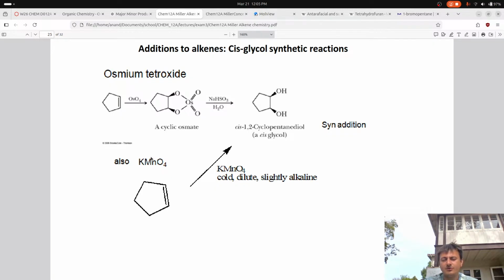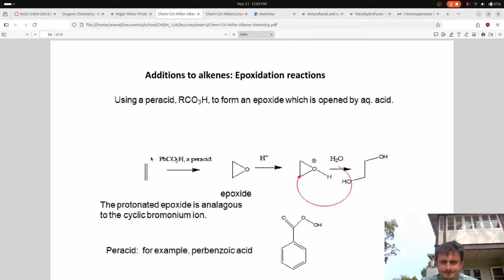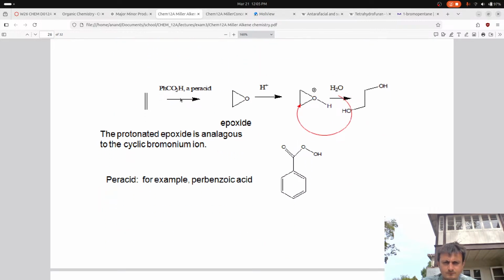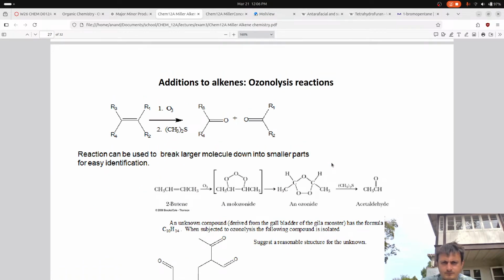I think there's probably peroxy acid. Oh yeah, ozonolysis, ozone.